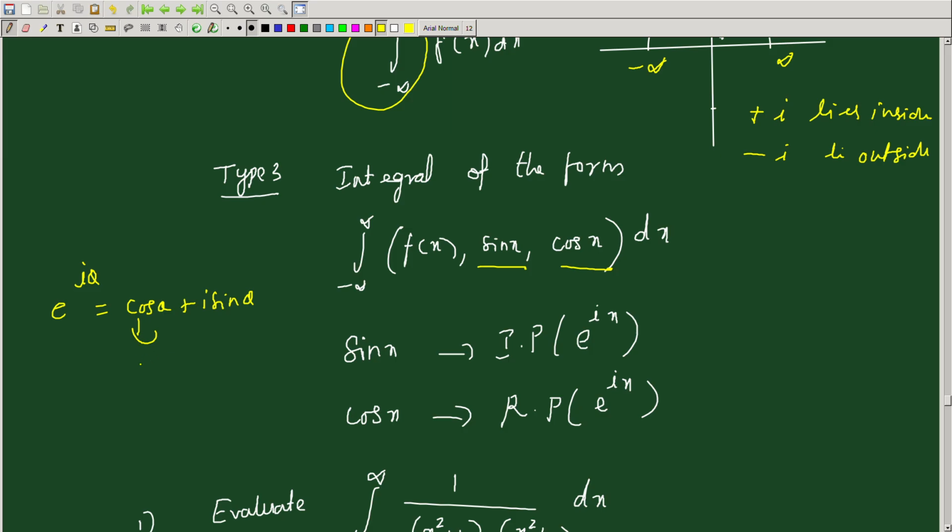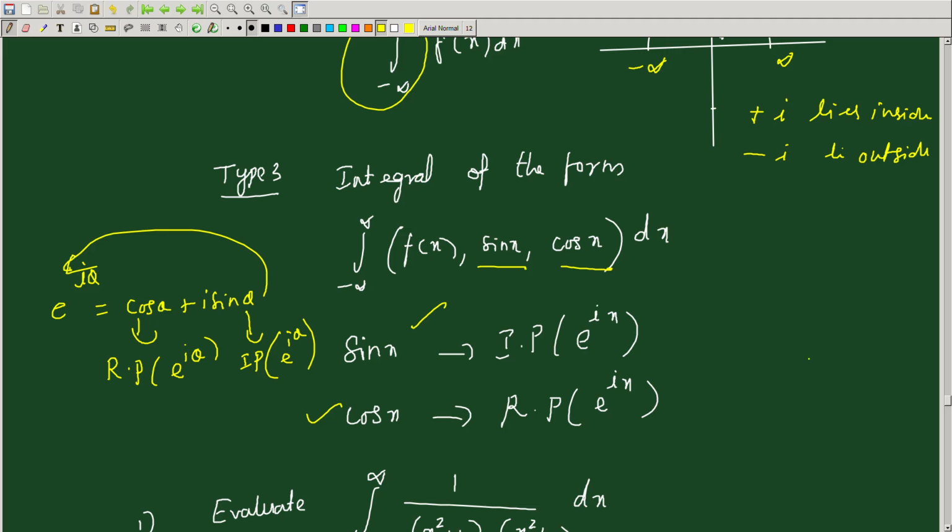Cos x is the real part of e power ix. Sin theta is the imaginary part of the right hand side, so sin x is the imaginary part of e power ix.